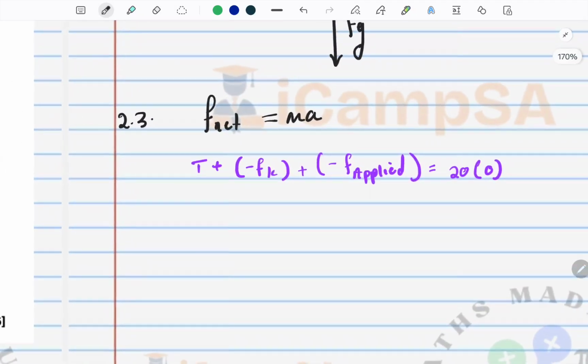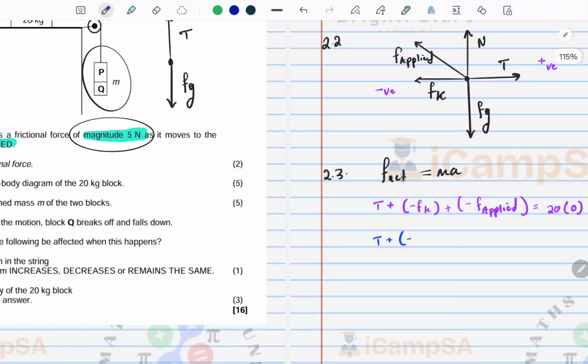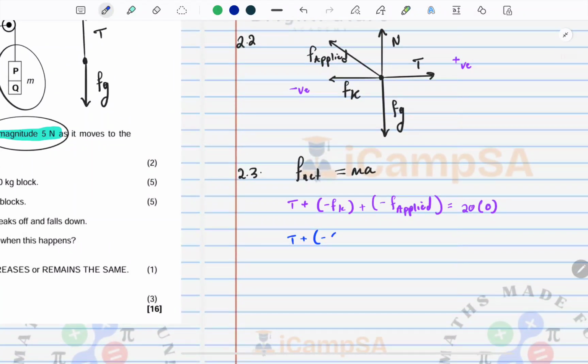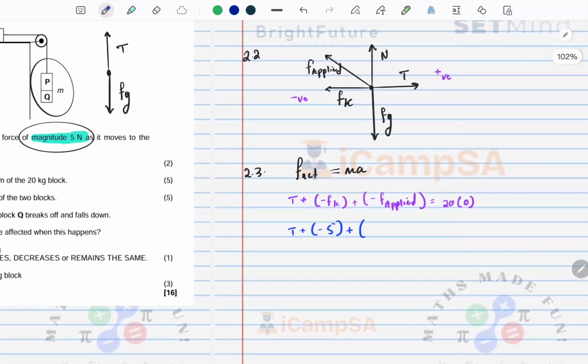So we can carry on now. Our T here, we don't know what it is, then plus minus our Fk. They said it is 5, so we have a 5 here. And then for your F applied, you can see that the F applied is at an angle.